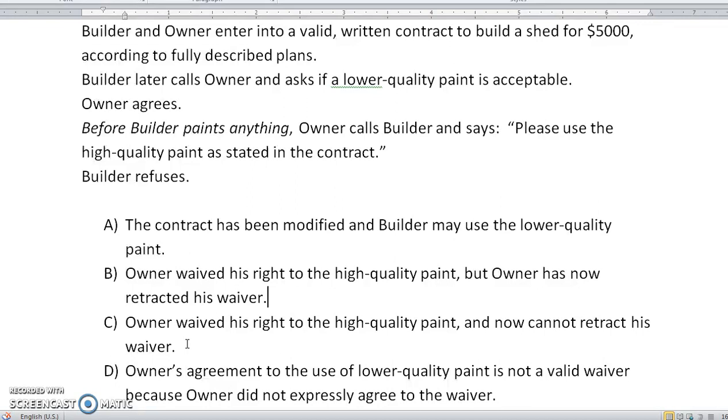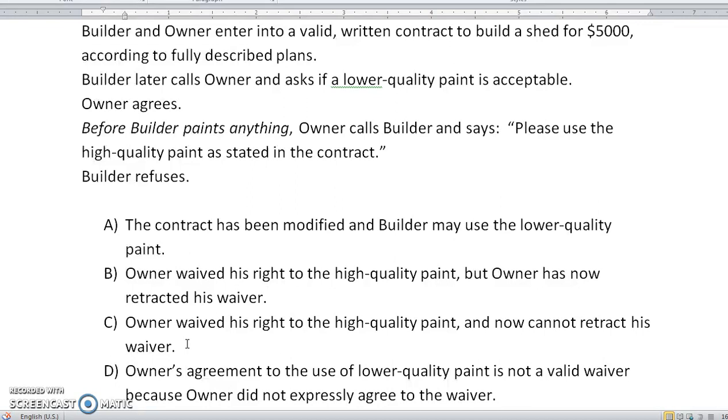And option D says owner's agreement to the use of lower quality paint is not a valid waiver because owner did not expressly agree to the waiver. This indicates that once owner said go ahead and use the lower quality paint, neither the builder nor the owner expressly stated that they were talking about a waiver and then that there was express consent to a waiver.